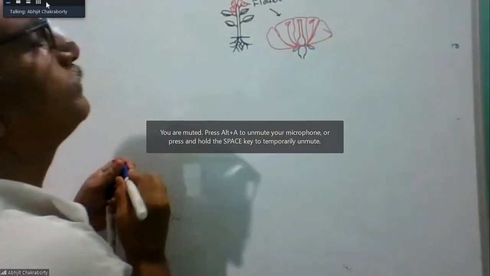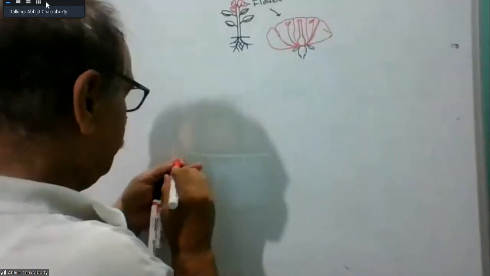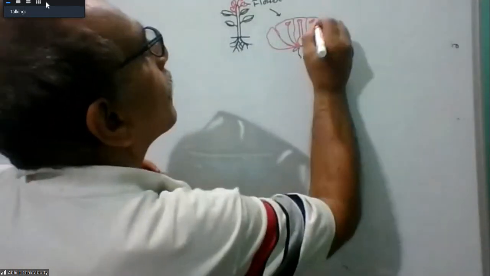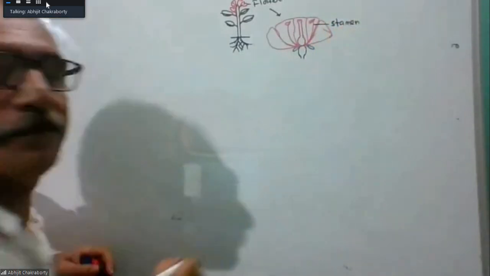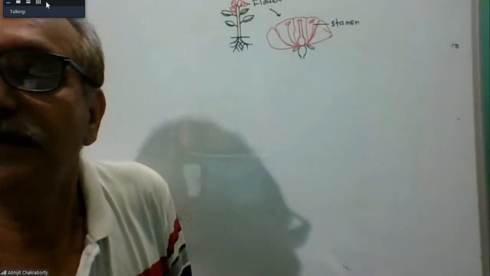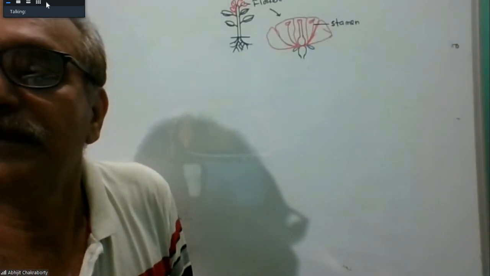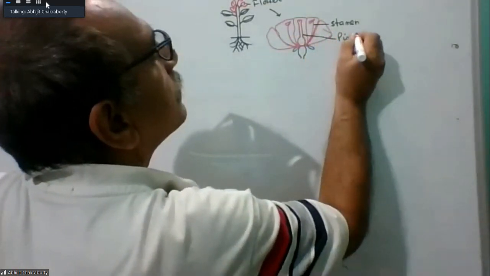The sepal. So this is what is called the stamen. And it is called the pistil.